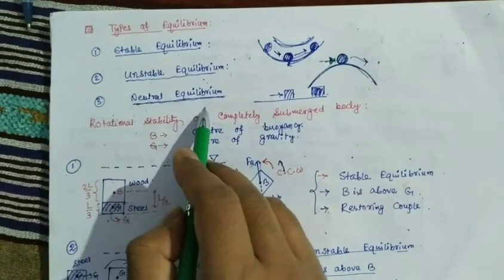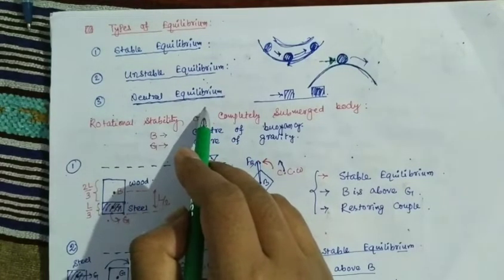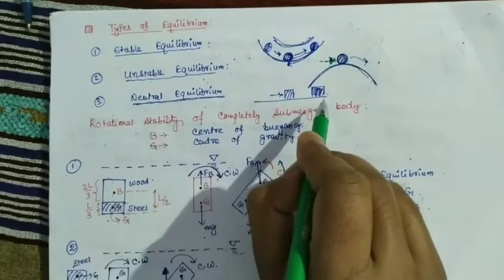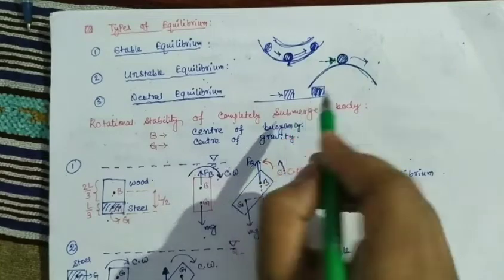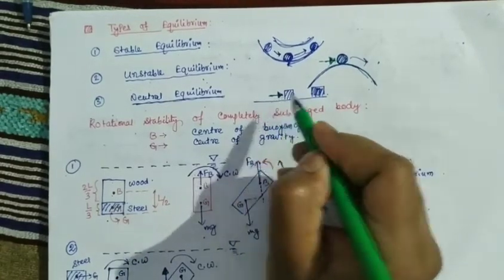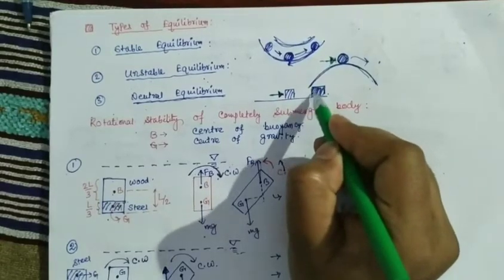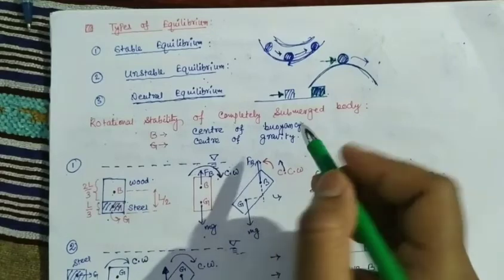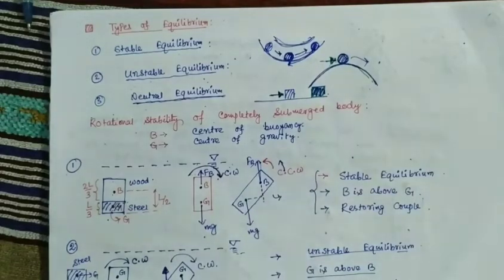And what is neutral equilibrium? A body is said to be in neutral equilibrium if, on being slightly displaced, it remains in its new position. You just give it a slight displacement and it will stay in a new position. It will never return to its original position. This is neutral equilibrium. It is very simple, nothing difficult.